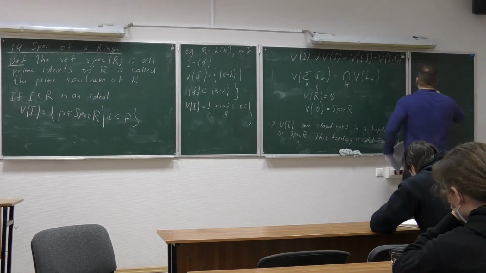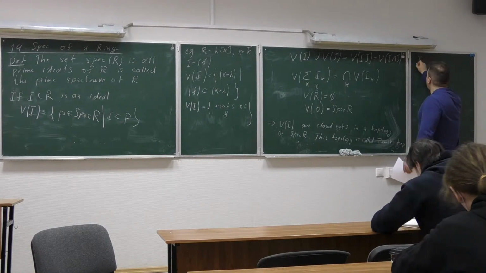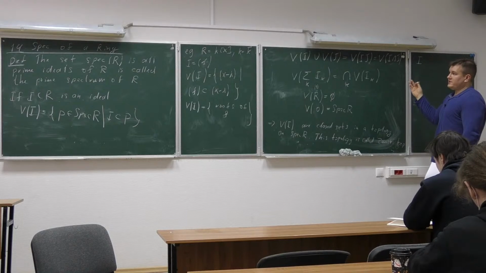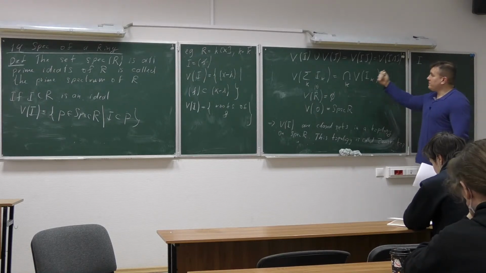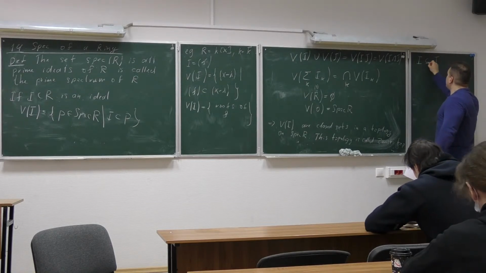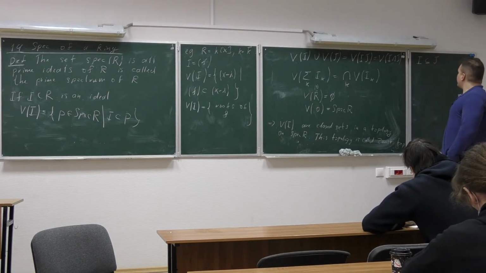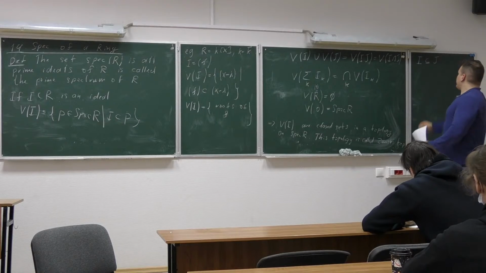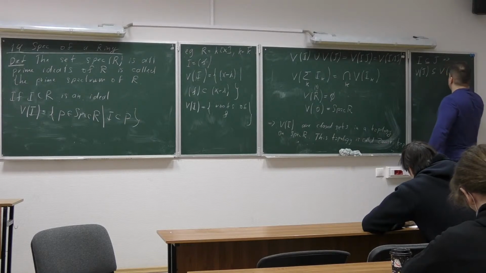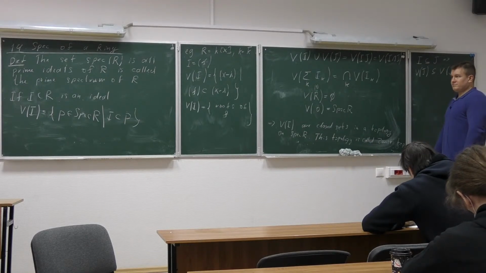Okay, now let's analyze the following question. What is the condition on the ideals that says that the V of one ideal is equal to the V of the other ideal? So for example, if ideal I is a subideal in J, well, clearly this implies that the V of J is a subset of the V of I. Just apply the definition.